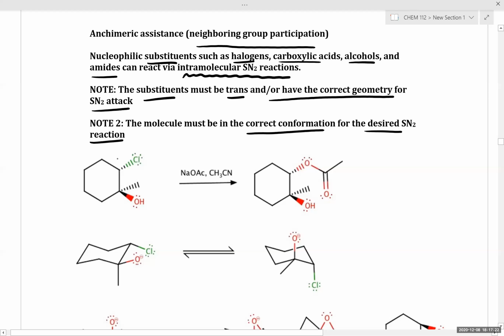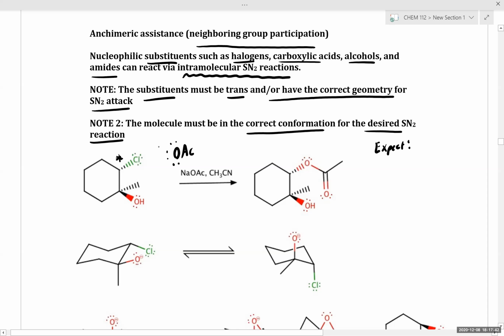So, I'd like you to pay attention to this stereocenter for a moment and think about what happens when we treat this substrate with sodium acetate. Now, what stereochemistry would we expect?